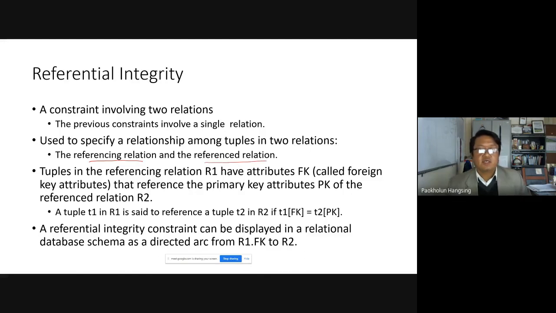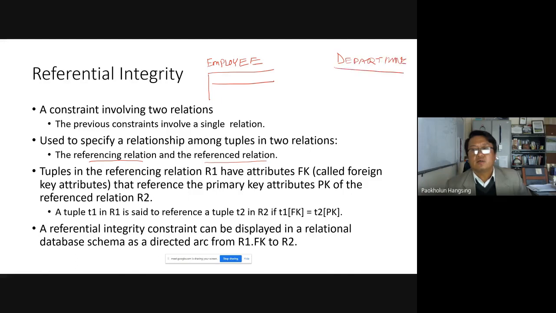For example, let us use the earlier example: employee is one relation, and department is another relation. When we say referential integrity, there is some kind of relationship between these two relations.